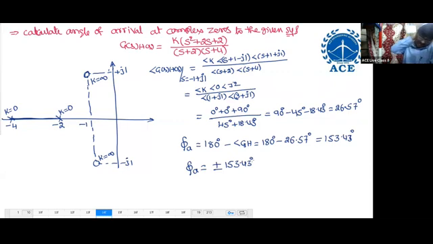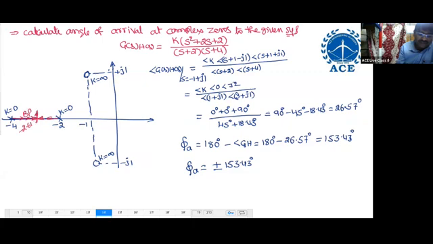So that means angle of departure equals angle of arrival. If I draw the diagram here, as K increases, both the poles move in opposite direction. Both will collide. Here you will get the break point. Same break point here also. Whatever answer you got, same answer, minus 2.61.